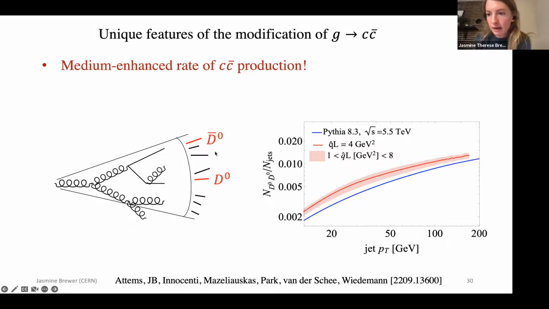And this tells you, with high purity in Pythia at least, that you had a gluon splitting to charm quarks somewhere in the shower. So by looking at this type of jets in proton-proton collisions and in heavy ion collisions, we can try to access the rate of this gluon splitting to charm quarks.